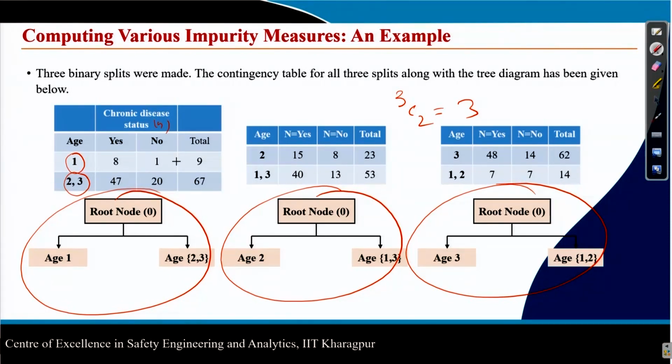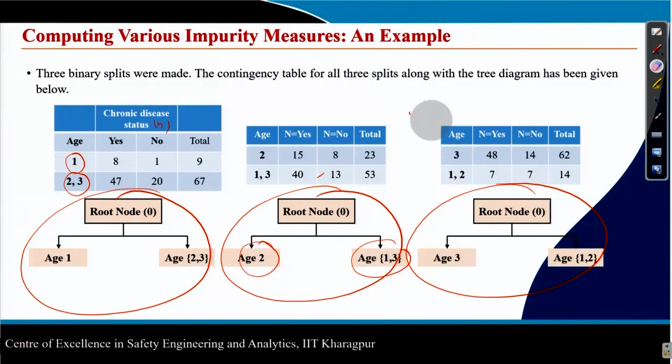If I split based on age with this combination, 1 versus 2 and 3, this is the distribution of the data in terms of class variable y. Similarly, for node 2, age 2 versus age 1 and 3, this is the nature, and for the other one, age 3 versus age 1 and 2, this is the nature.